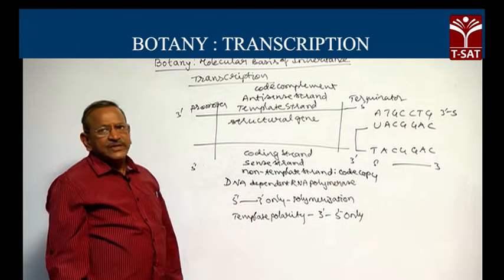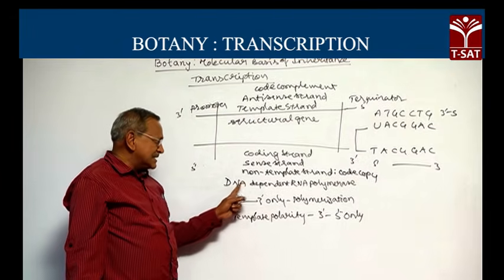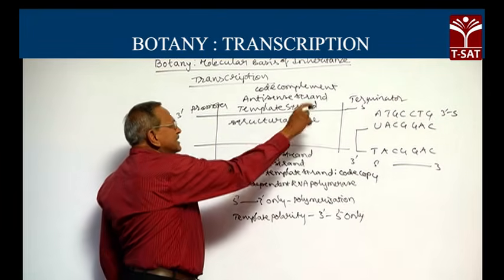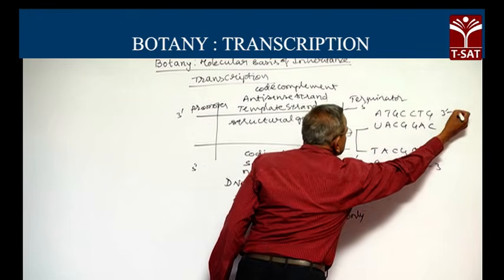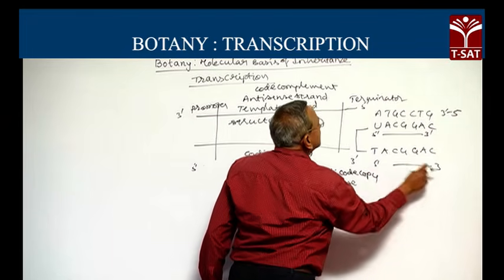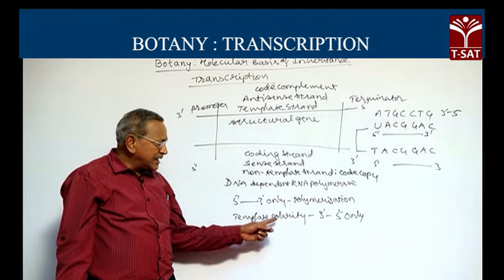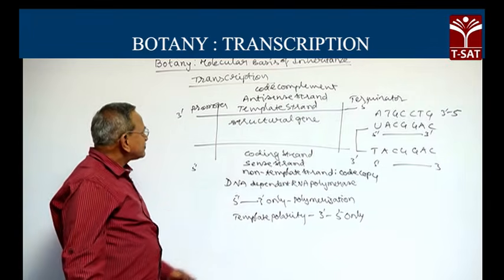What is the reason for this polarity? The RNA polymerase can add nucleotides in the 5' to 3' direction only. So the template polarity is always 3' to 5' only.